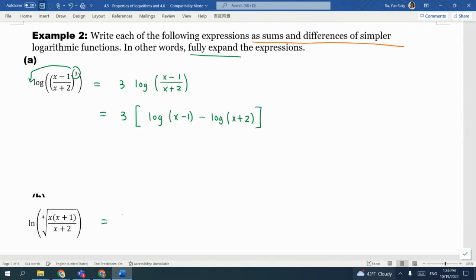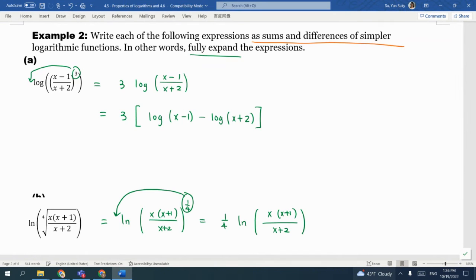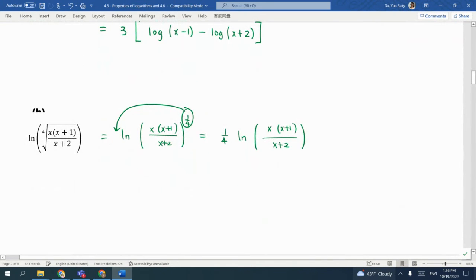Get raised to the 1/4, right? So we have like x times (x plus 1)/(x plus 2), raised to the 1/4. So we can move the 1/4 down in front. And then we can break them, right? So put a bracket.